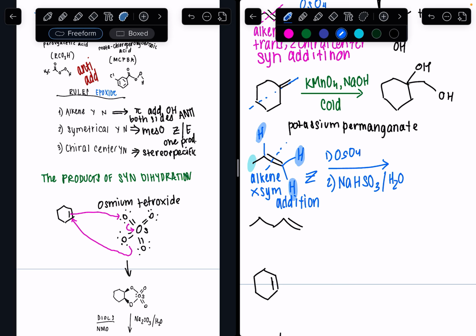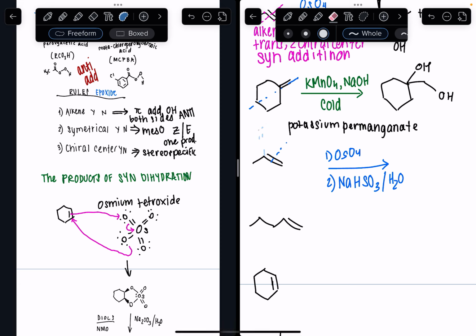So back to just looking at this simply. I want to only look at the molecule, easier on the eyes. So this molecule, we're adding across the pi bond. How many chiral centers can we have?